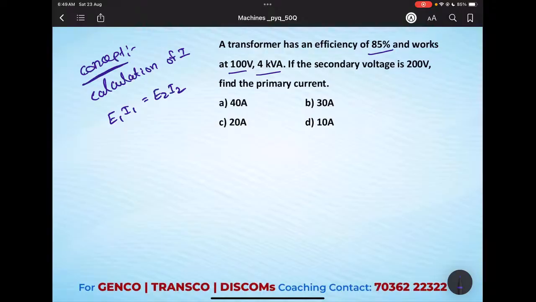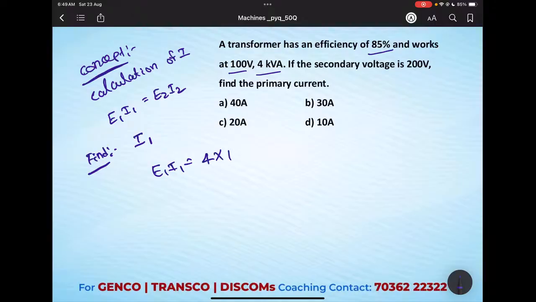What do we need to find? The primary current, I1. E1 I1 equals the primary kVA. I told you already the kVA is the same for both primary and secondary.